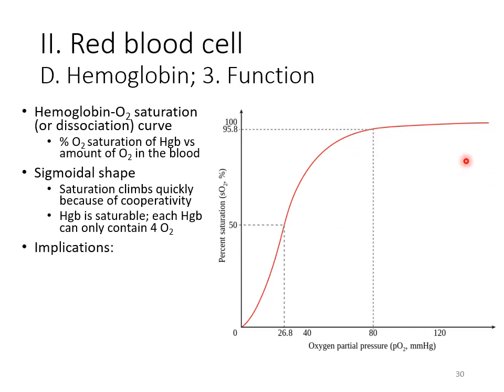So what are some of the clinical implications of this sigmoidal shape? This helps us know that humans can survive in different atmospheric oxygen levels. Whether you live in an elevated area or closer to sea level, your hemoglobin is almost always at the ideal saturation, at 95% and above, whether you live in elevated areas or at sea level.